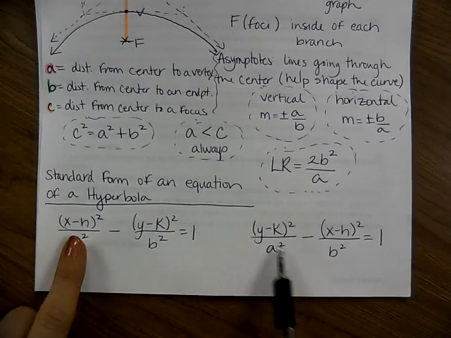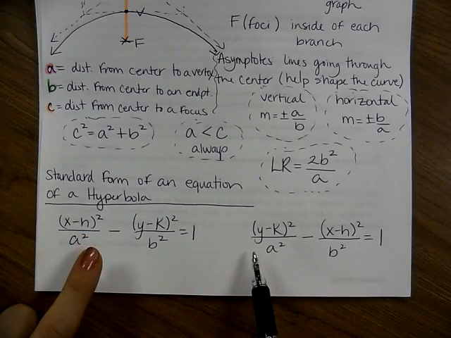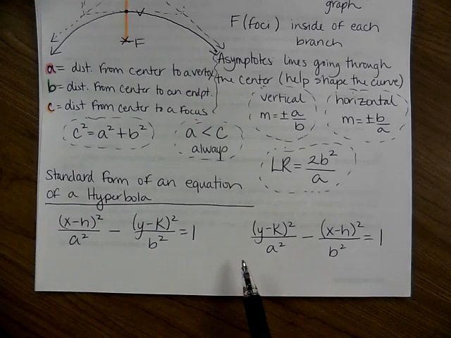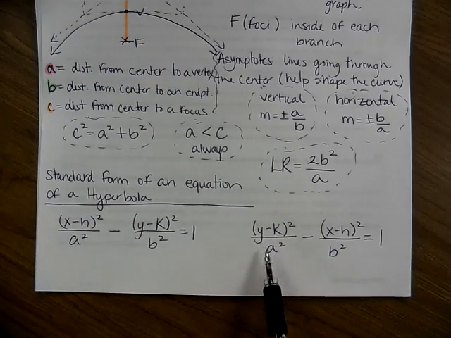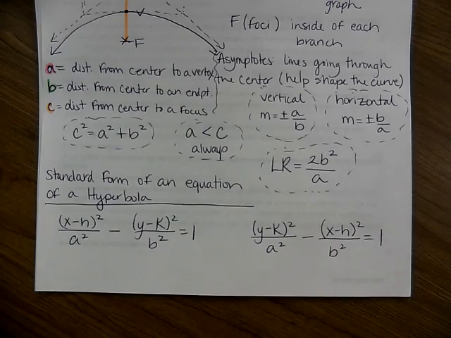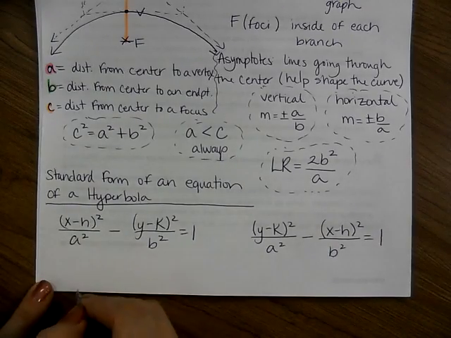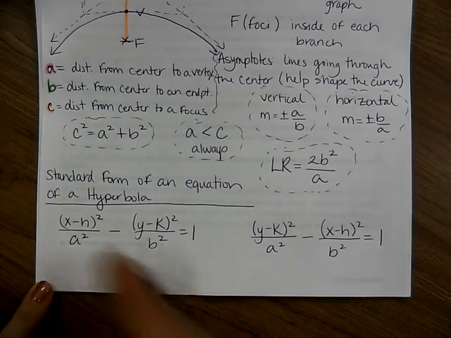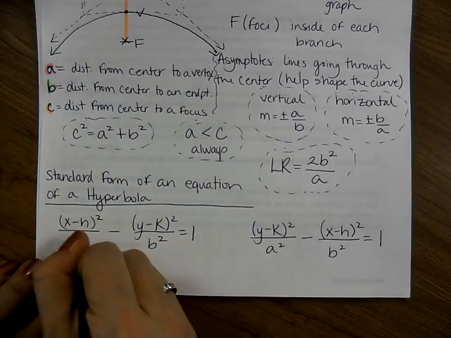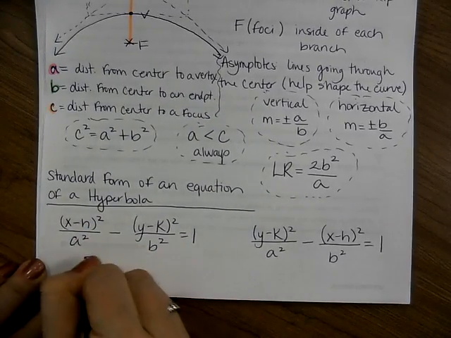The other thing is that notice now y can come first. All the other ones always have x first. Y can come first, and this is how you know whether it's vertical or horizontal. When the a squared term is under the x, it's going to be horizontal. So it's going to look like this.